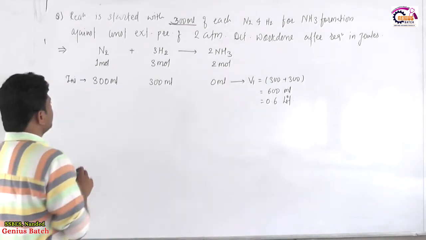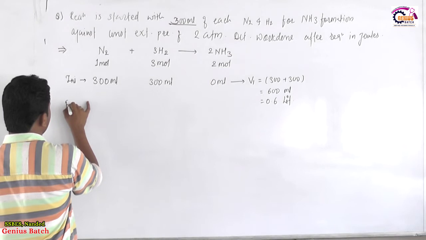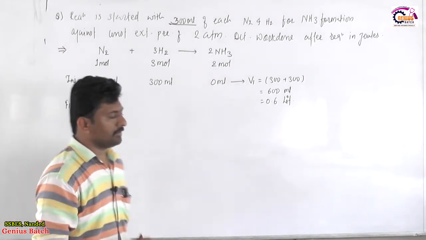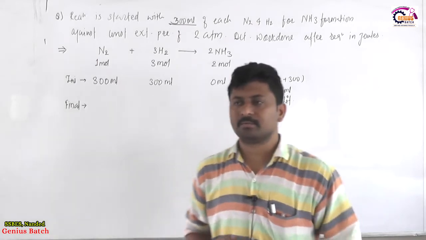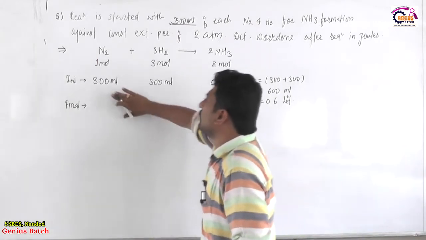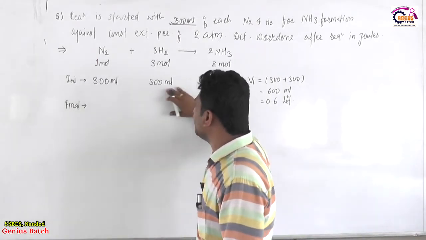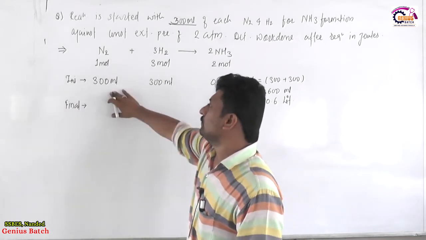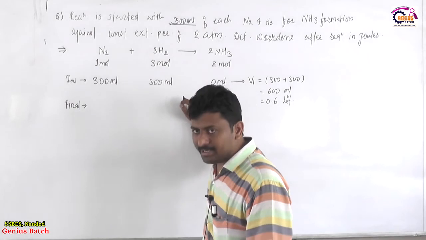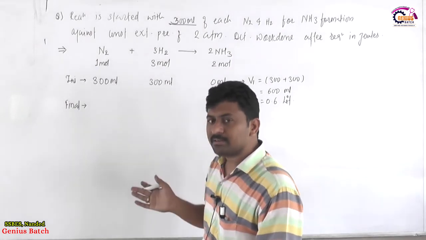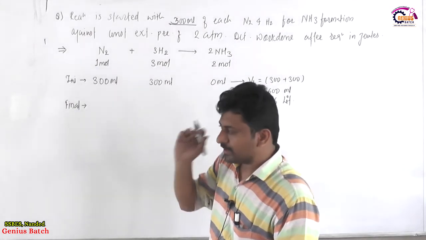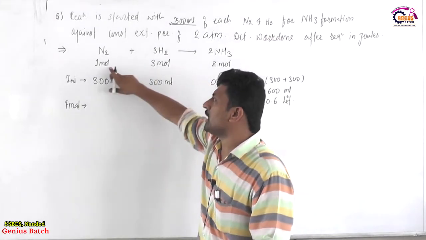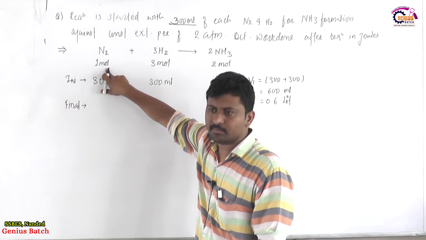Now, after the reaction means the final volume, and this is quite critical. We need to set it very clear. We have 300 ml nitrogen and 300 ml hydrogen, but both volumes will not completely react. Let us try to understand this in a reverse manner. For 3 moles of hydrogen, we require 1 mole of nitrogen.